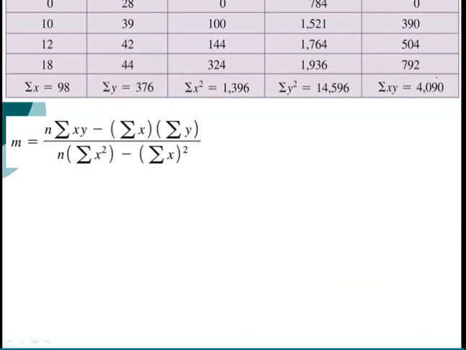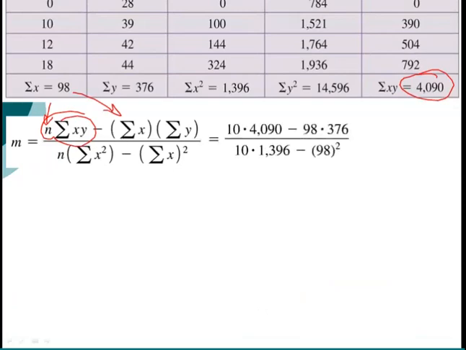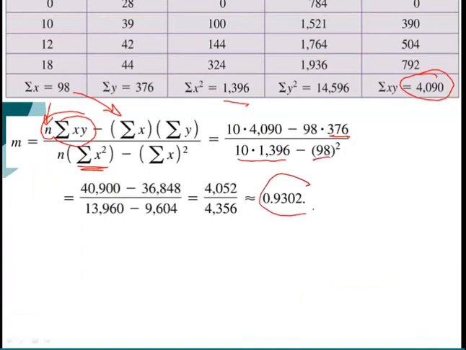So you can see I still got my 4,090 going right here, times 10, and my 98 is going to go there. You can see how it's all getting set up by my 376, 10 numbers, and then times my sum of the squares, which is my 1,396 minus my 98. And so that gives me my 0.93 when I simplify.